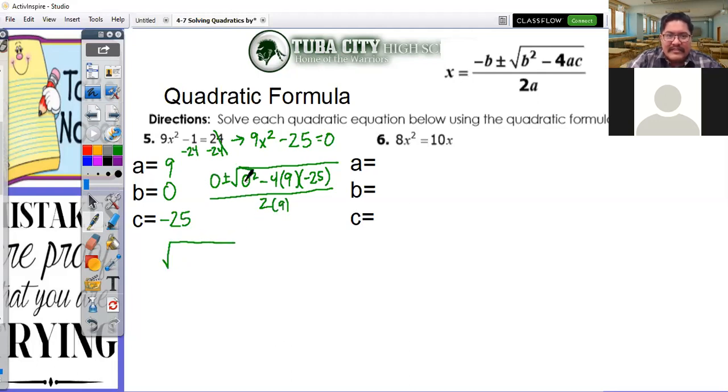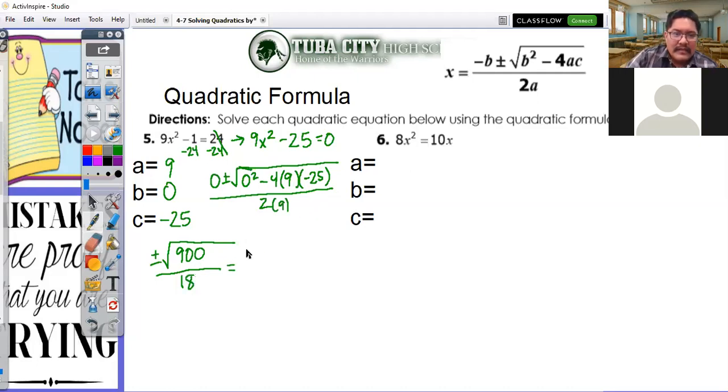So here I'm going to have 0 minus, and 0 minus anything is just going to be that same number. So negative 4 times negative 25. A negative times a negative is going to be a positive. 4 times 25 is 100. 100 times 9 is 900 over 18.